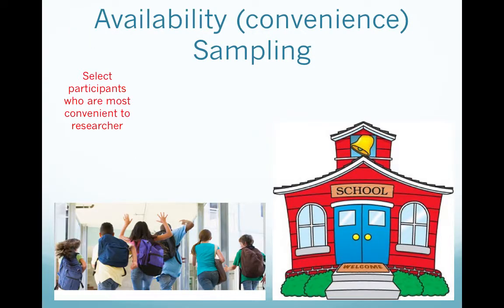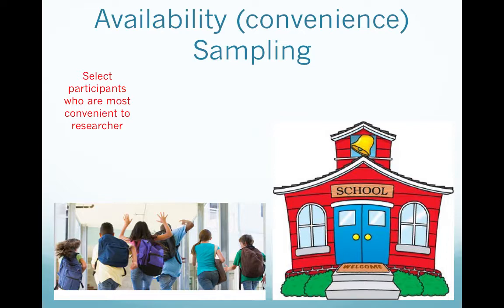In availability sampling, the sample is usually based on who is most convenient to the researcher. If the Baylor researchers were interested in selecting a sample of kids in their childhood obesity study in the Gulfton area of Houston and wanted to utilize availability sampling, Baylor researchers might stand outside of Gulfton area middle schools during dismissal and pass out recruitment flyers for participation in their research.